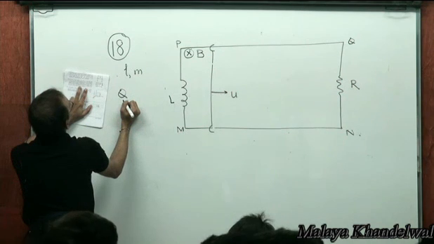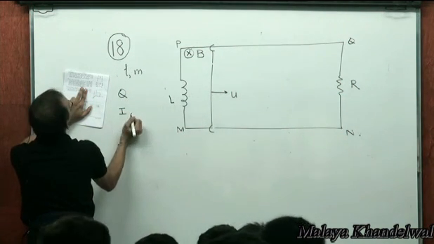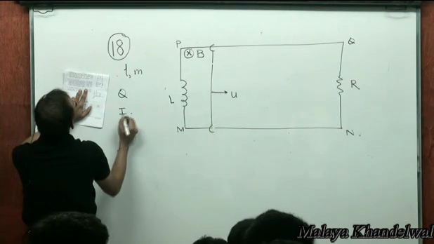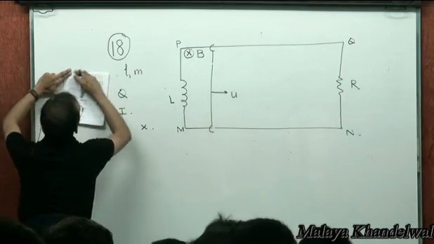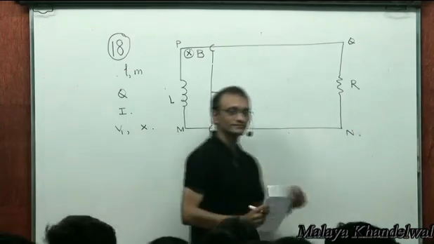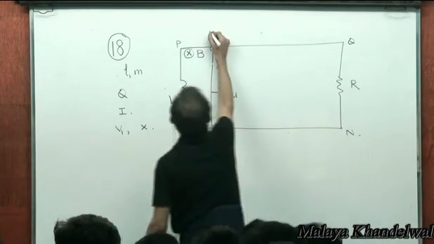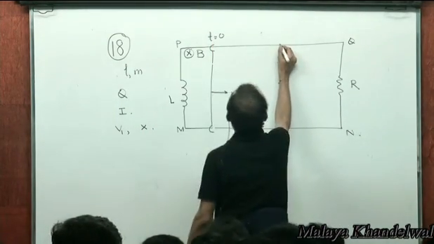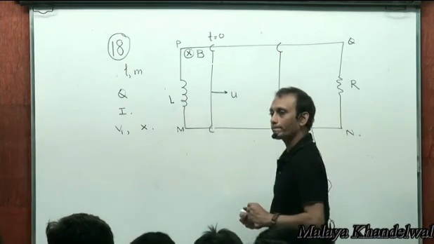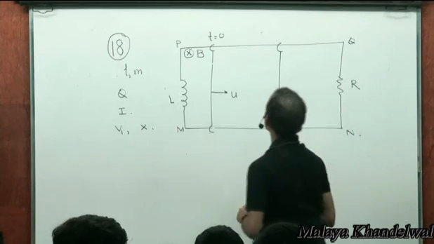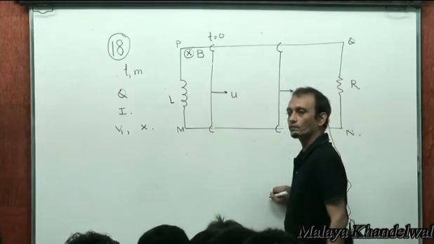By the time the current in the inductor becomes I, the velocity of the rod becomes v1, and the rod has traveled a distance x. So this is, say, time t equal to 0. T seconds later, say the rod acquires a velocity v, right?